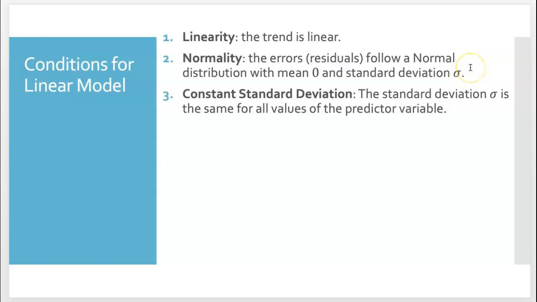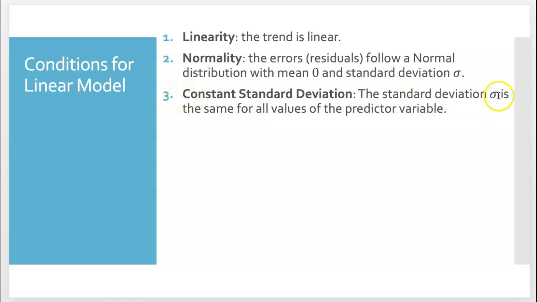Right, so remember those errors that we're talking about, right? They should be centered around 0. We're going to have positive and negative differences. We're going to have observations that are above and below the line, right? So they should be centered around 0, and with some standard deviation sigma. And what this is saying is that we have to have a constant standard deviation.